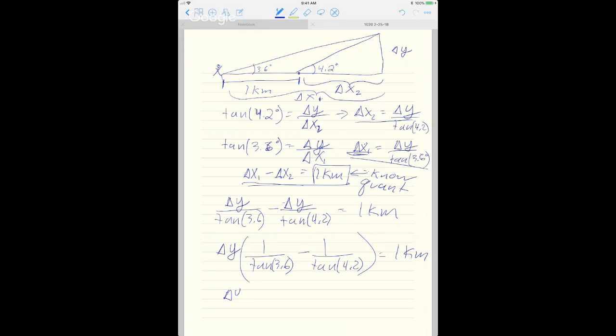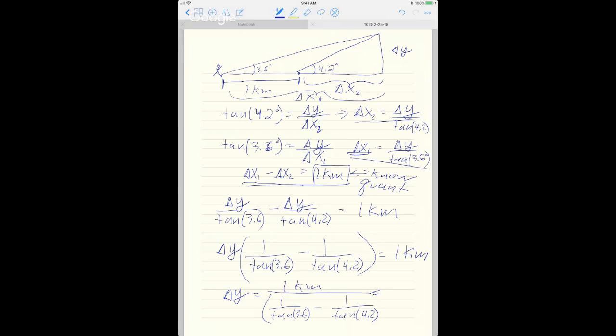So delta y is equal to 1 kilometer divided by 1 over the tangent of 3.6 minus 1 over the tangent of 4.2.